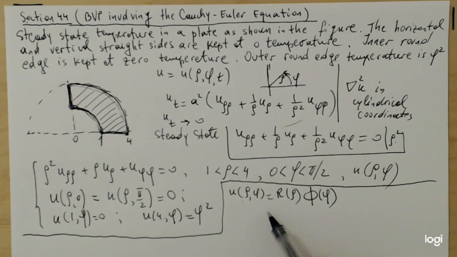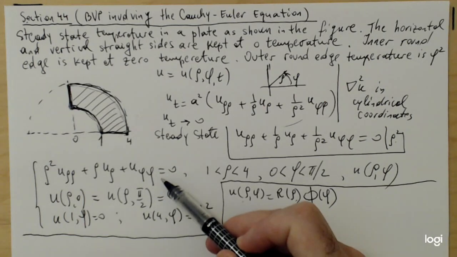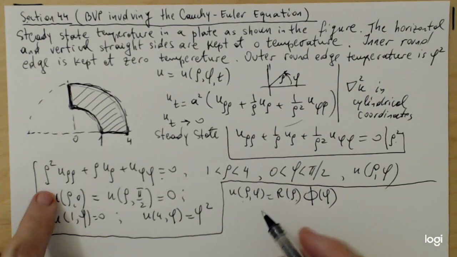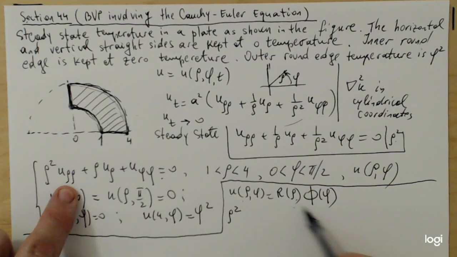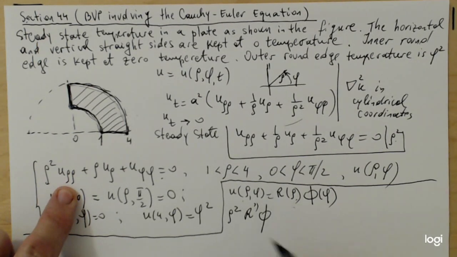And then let's plug in this product form into the PDE. Very carefully, right? So we have rho squared, partial rho twice is going to be R double prime times phi. Remember, at this point, we don't have to write the of rho or of phi.